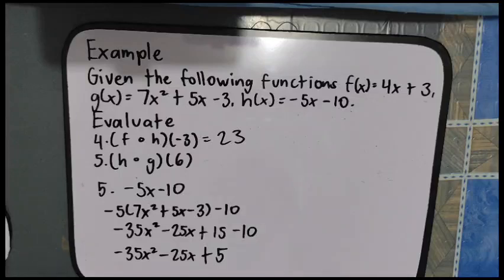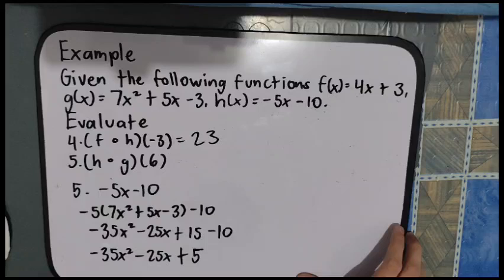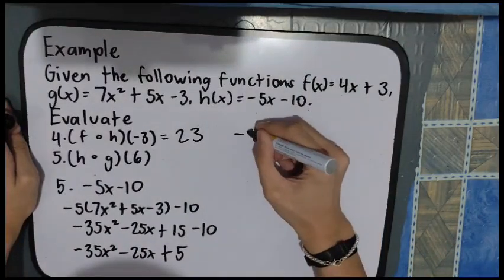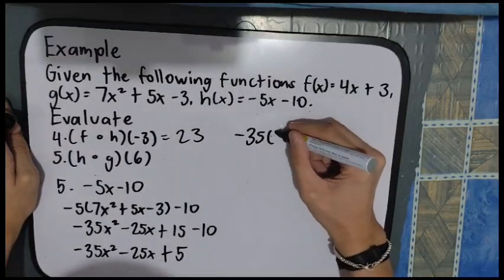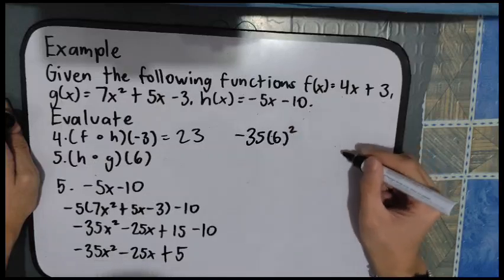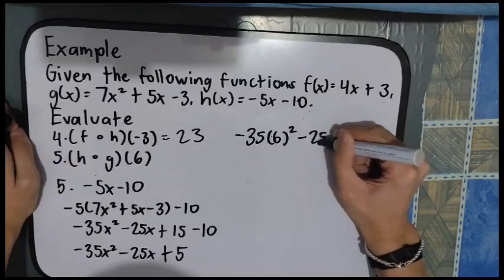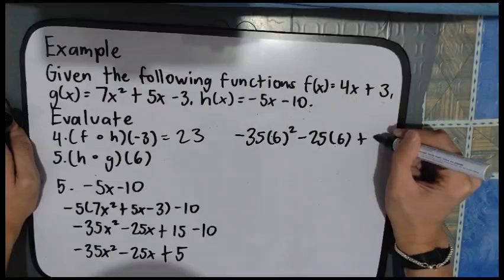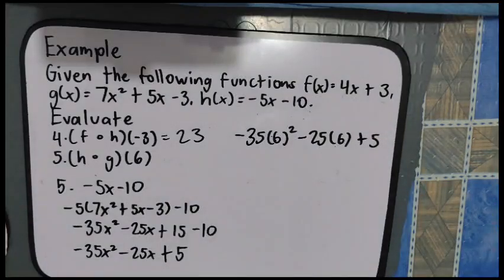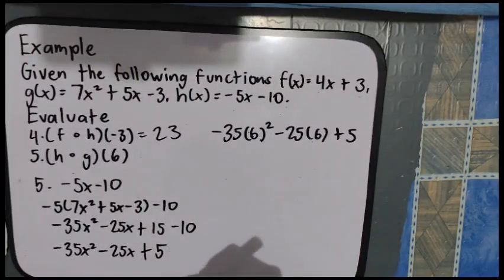After this, we're going to substitute the value here. So, we're going to change x with positive 6. So, negative 35 times 6 squared minus 25 times 6 plus 5. So, let's solve for the square of 6.